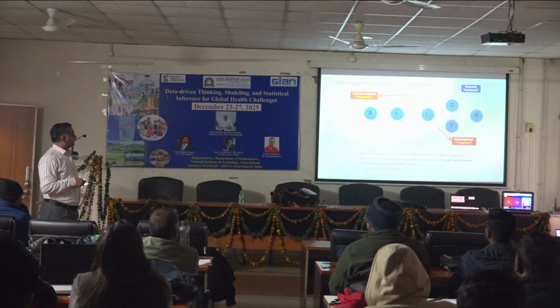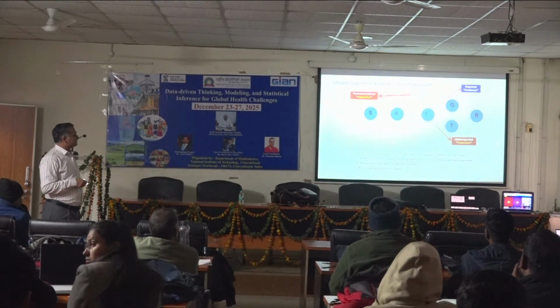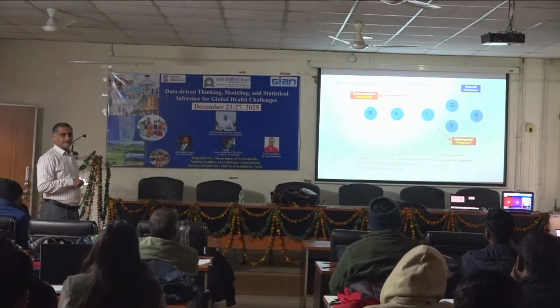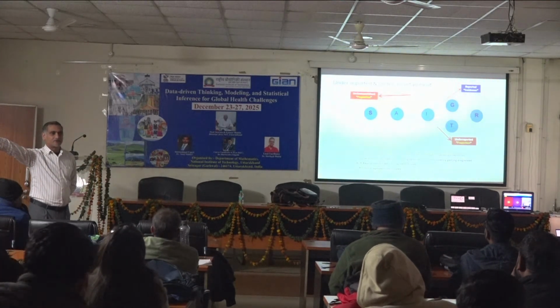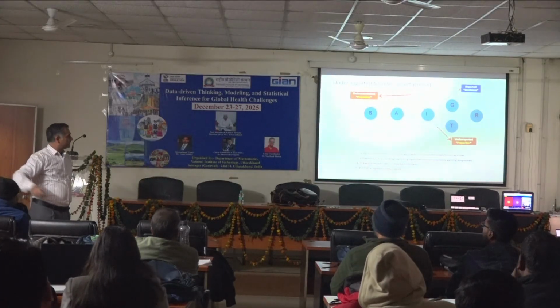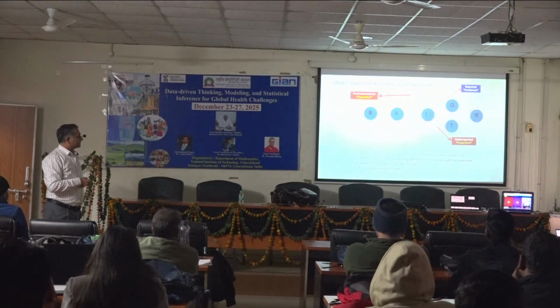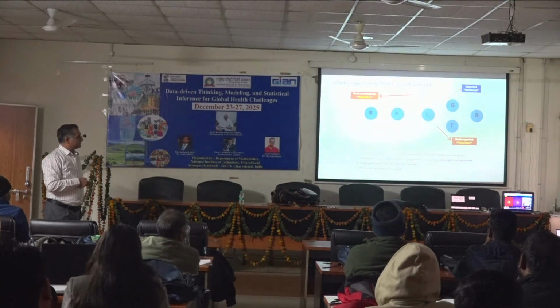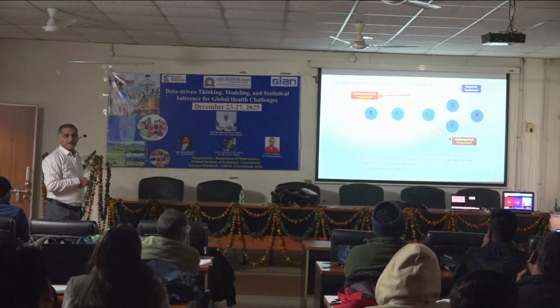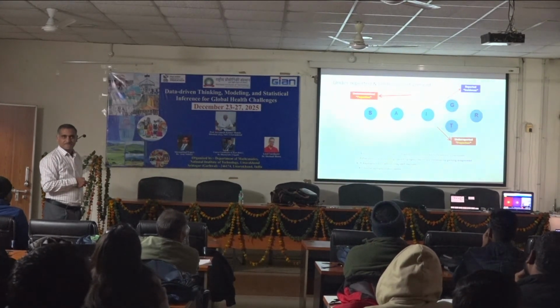So these are the people who are under assessment. Q is the fraction of people who will recover by themselves and you will never know that they are infected. And 1 minus Q is underreported. Underreported means they are not getting treated or reported in the government facility.